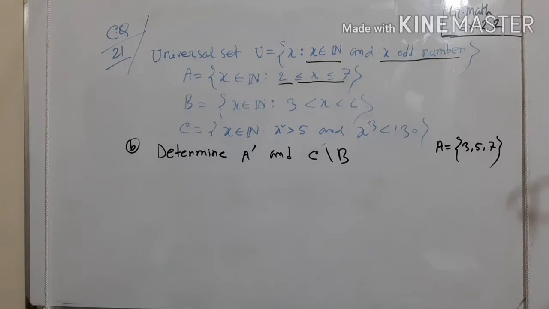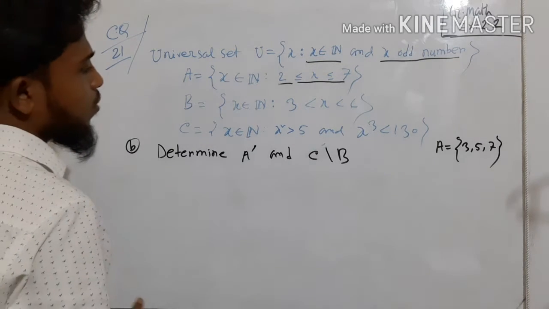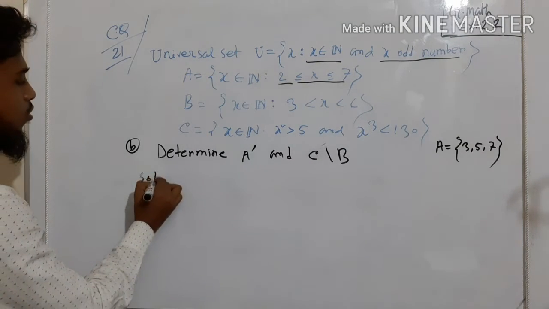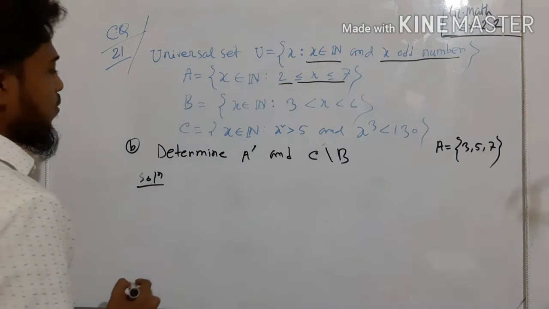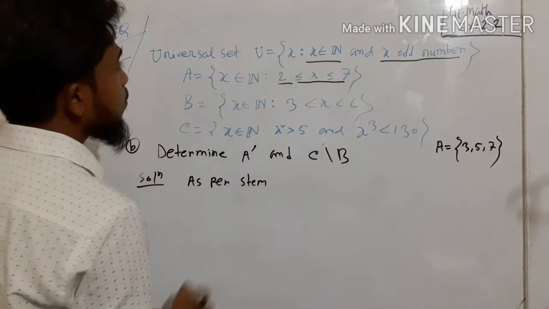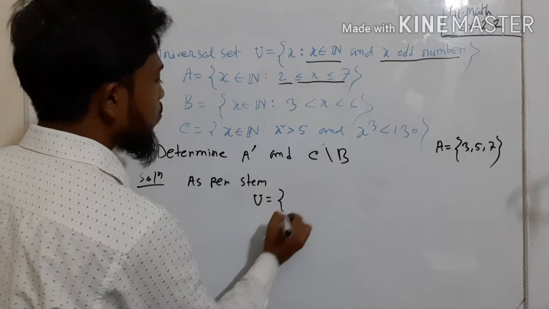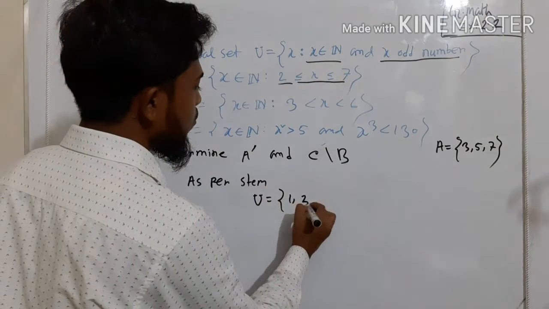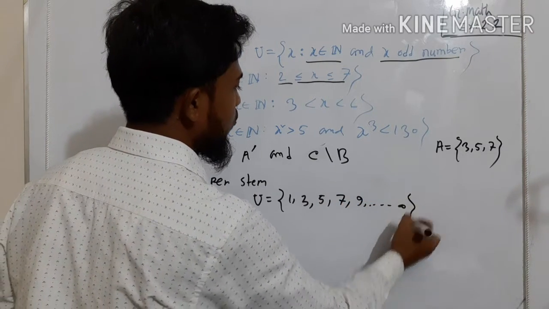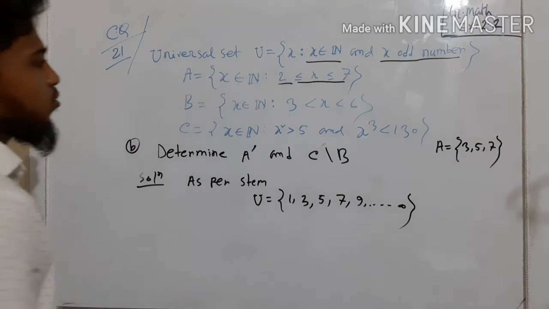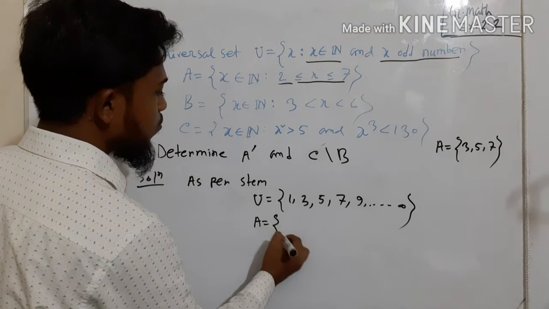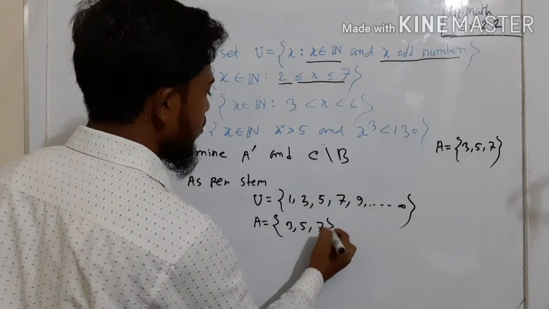Number 2, determine A prime or A complement and C minus B. So our solution: as per the set, U equal to {1, 3, 5, 7, 9, ... infinity}, and we have from A equal to {3, 5, 7}.